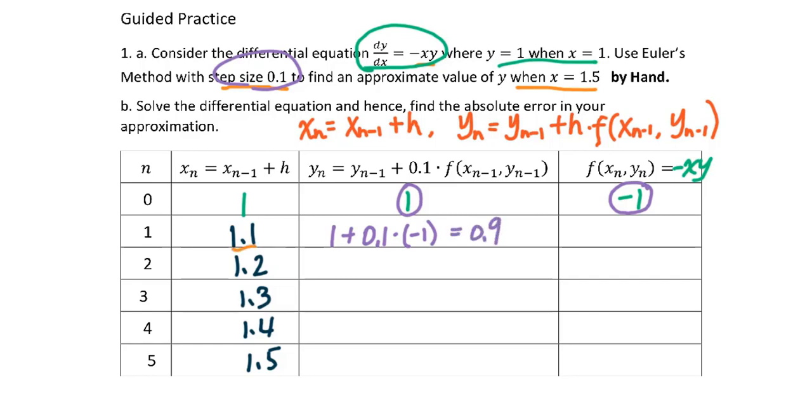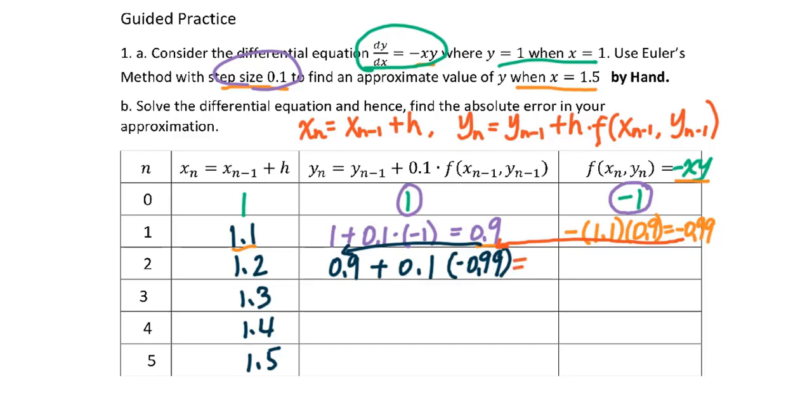Use these two values to substitute into this function. You will get negative 1.1 times 0.9, which is negative 0.99. So over here, you will get 0.9 from here, then plus 0.1 times negative 0.99. From here, you will get 0.801.